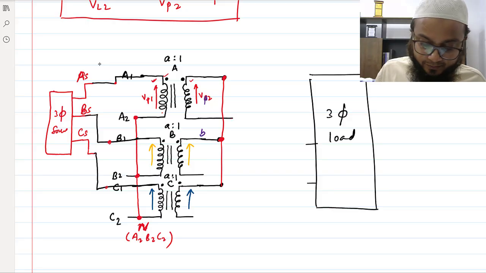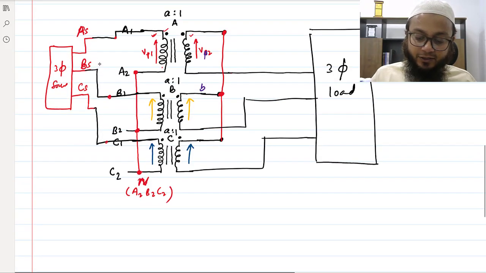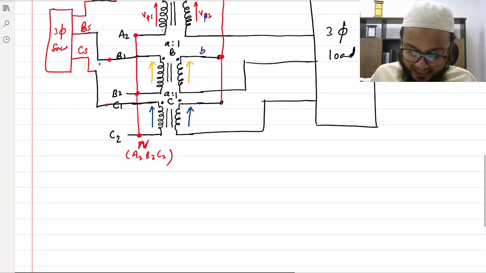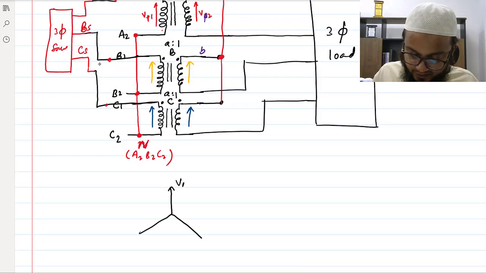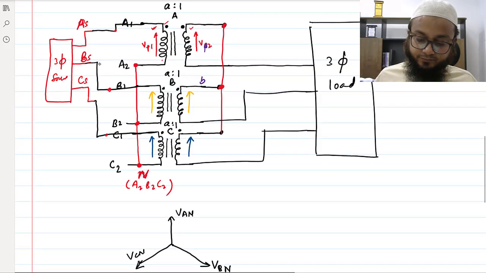Now how will the line voltages appear on the transformer? Try to write the phasor diagram. Obviously the primary side phasor diagram is the same, which is VAN, VBN and VCN. What about the phasors here?